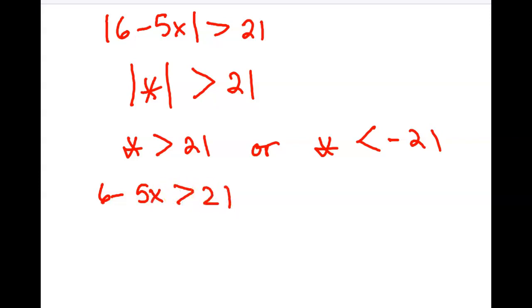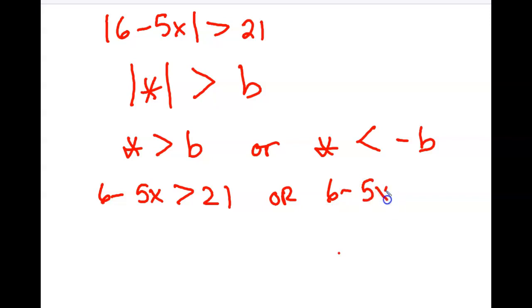If I follow what I did on the last slide, this would be b and negative b. So I have 6 minus 5x is greater than 21, or 6 minus 5x is less than negative 21. And those would be the two inequalities I would solve.